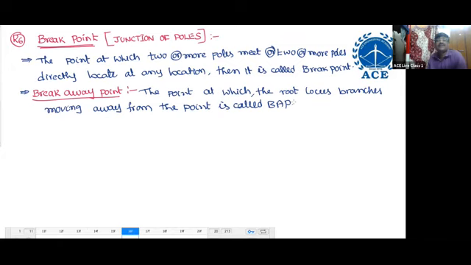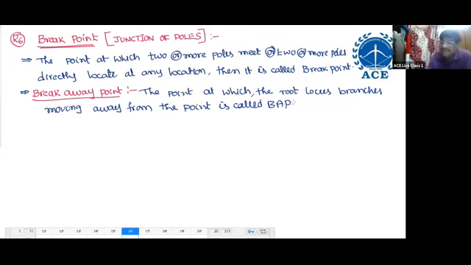But some books, especially some local author books, to make it very easy, give a different definition of the breakaway point: the point at which the root locus branches leave the real axis.